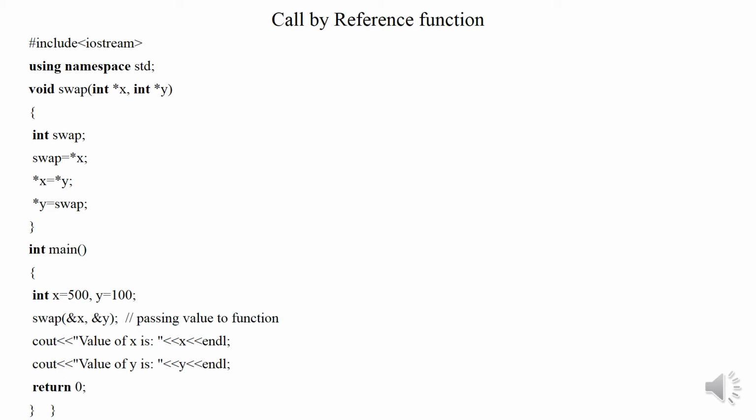So here the swapping function is defined as int star x comma int star y. In the main function, if you are going to call that defined function, then we use ampersand x and ampersand y. We refer to the address of x and address of y of the memory location.